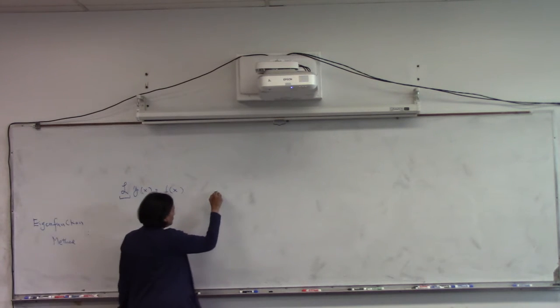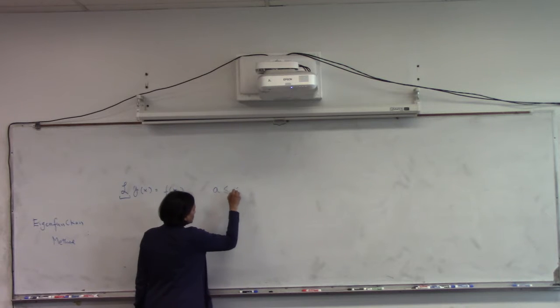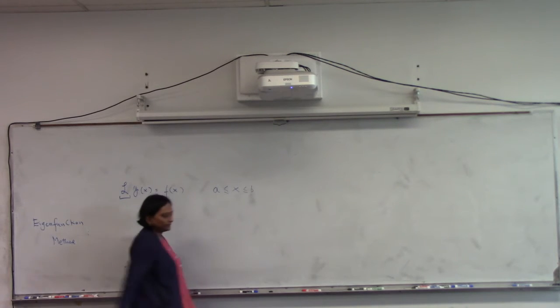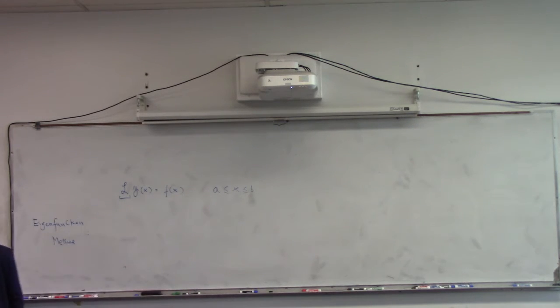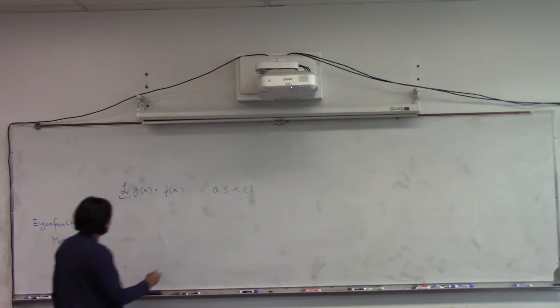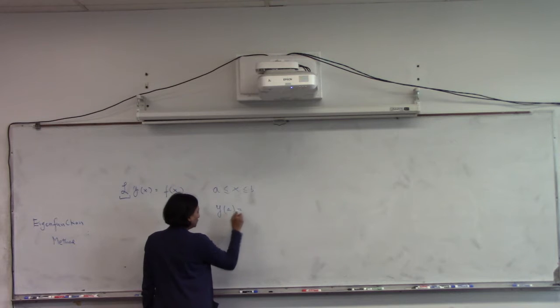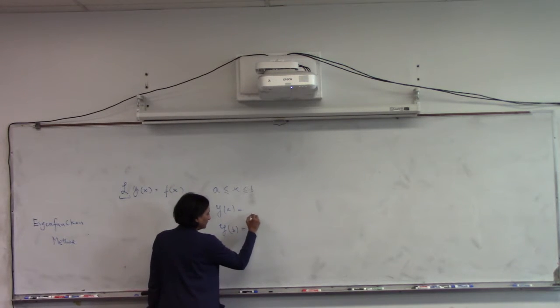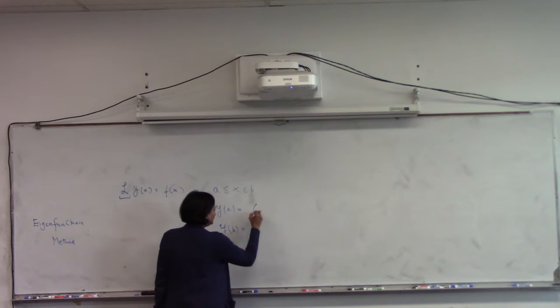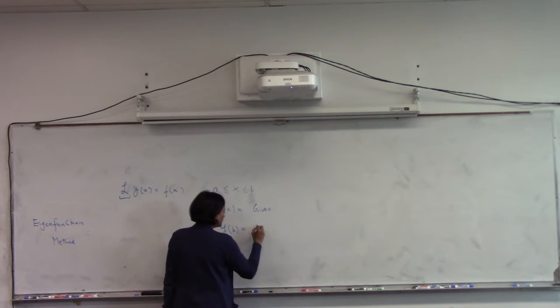And we are trying to solve this in a certain domain, and we are going to solve this inhomogeneous differential equation subject to some boundary conditions. These are given. Boundary conditions are given.